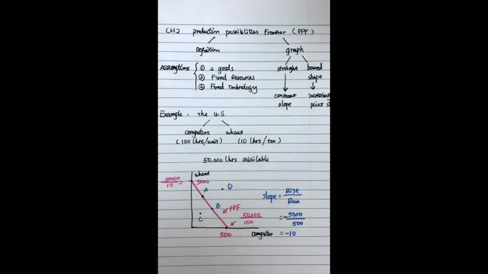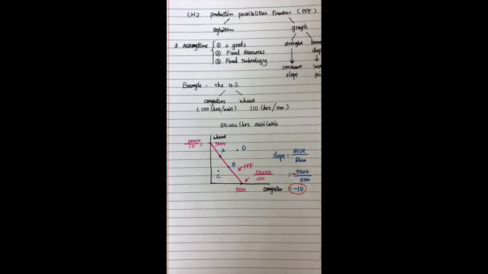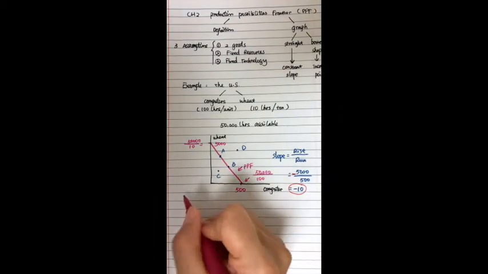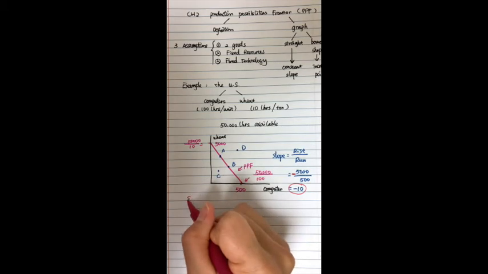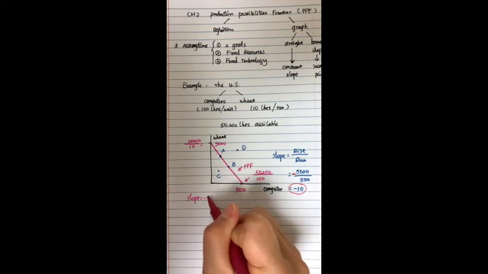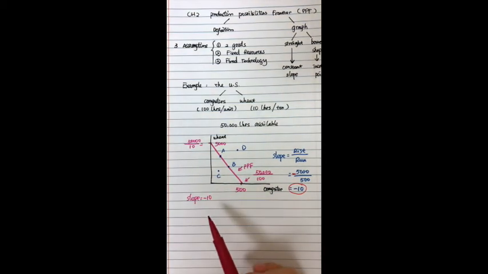Okay, and if the slope equals negative 10, what's the economic implication of this negative 10? So this negative 10 can tell us several things. Okay, so the slope here will equal negative 10, right? And we can interpret this negative 10 in three ways.